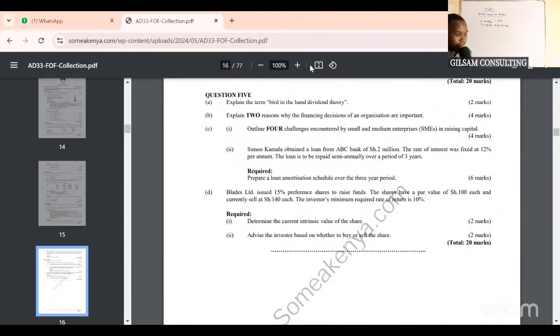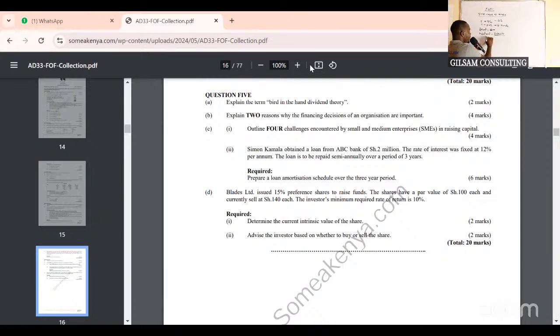Now, the amount borrowed, or the amount of loan, is 2 million, but you have not been given the installment. So let's get to the installment: we take the amount borrowed, which is 2 million, and we divide by PVIFA.